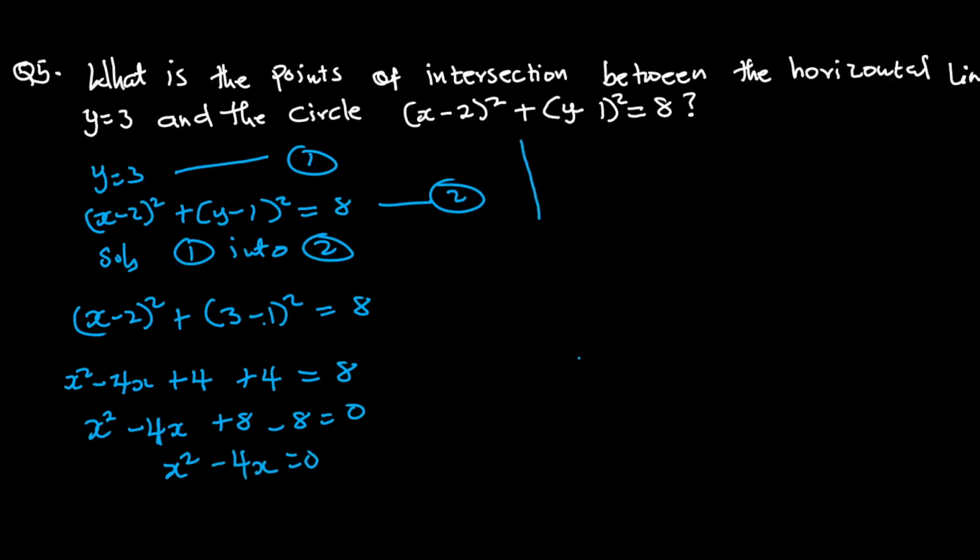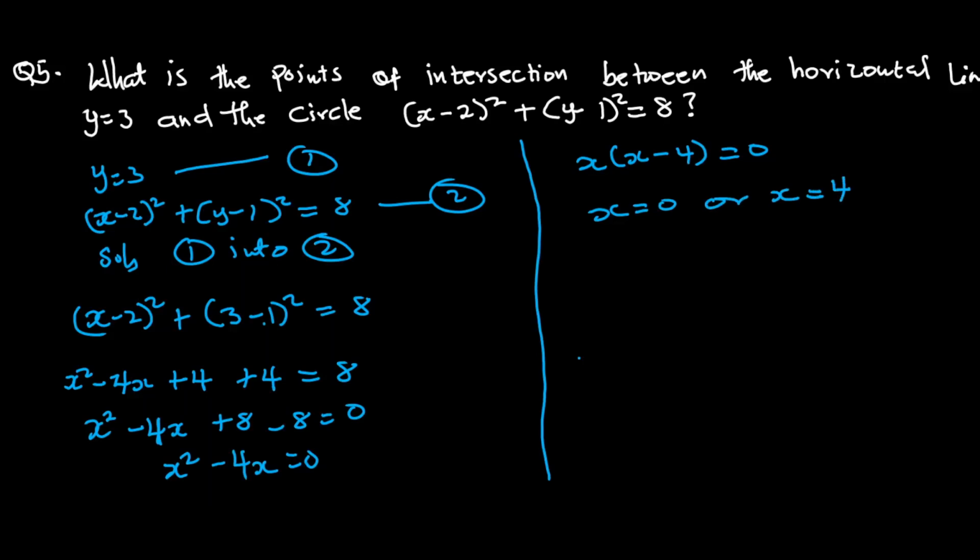Now we can simplify whatever we have here, and we have x out, x times (x minus 4) equals 0. So x is equal to 0, or x is equal to 4.